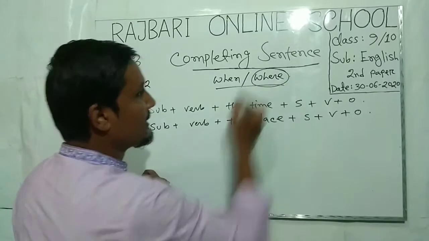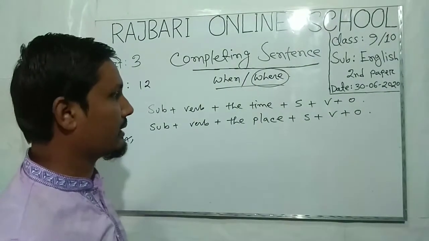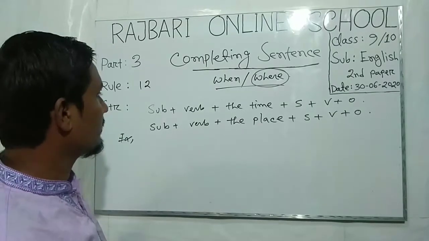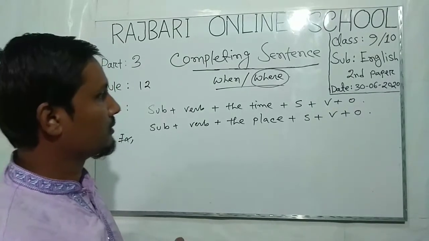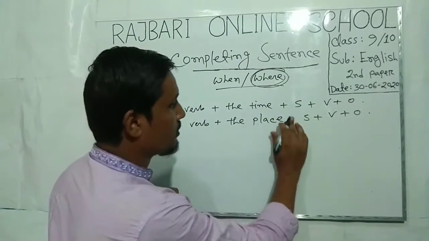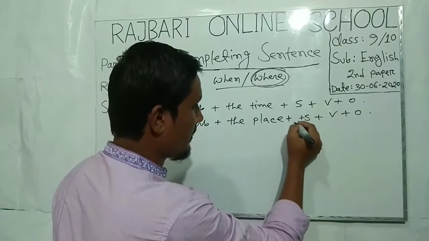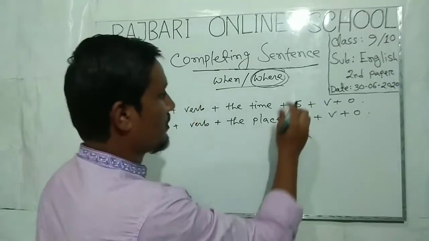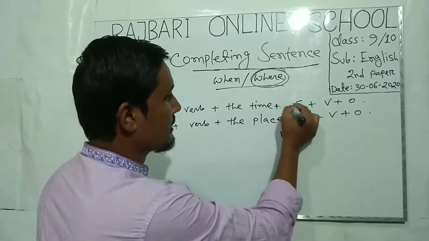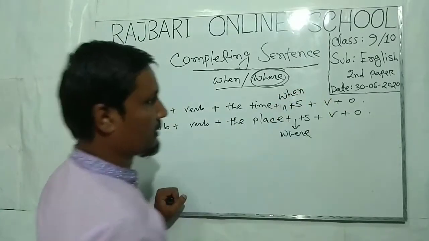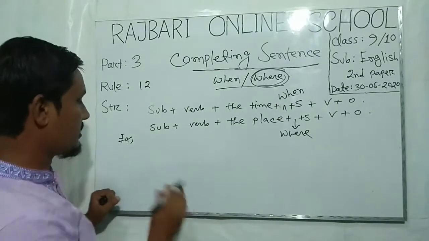Again I am telling you, when you will see place, that time you have to use where. When you will see time, that time you have to use when. Can you understand? Okay, let's start the example.